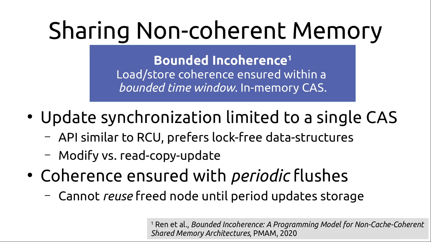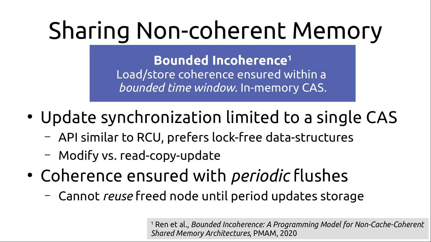Now, how is coherence performed? If we need this bounded incoherent guarantee that every amount of time we get to see coherent data, then we ensure that at the operating system level by providing periodic flushes of the accessed data within the cache, forcing coherence by essentially flushing out periodically that data that needs to be flushed out.